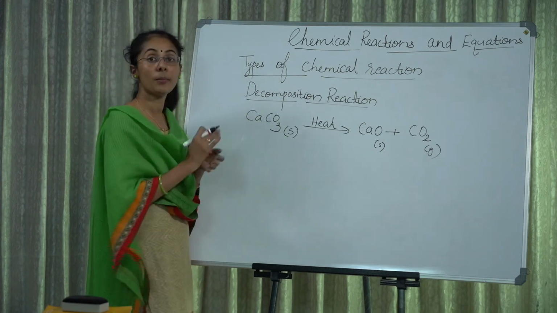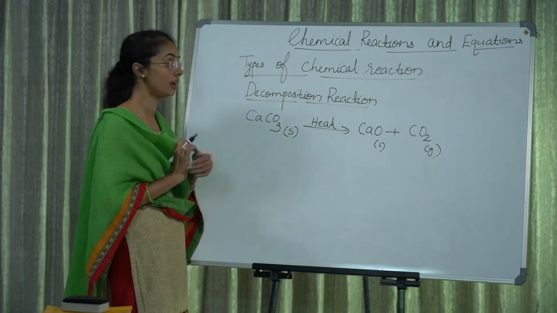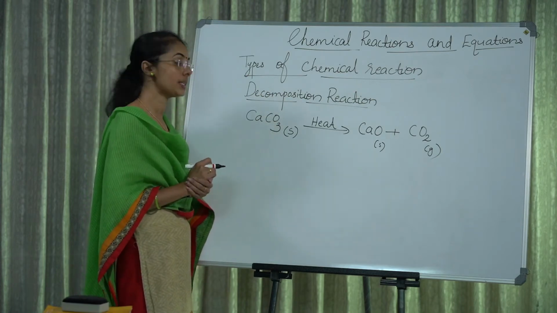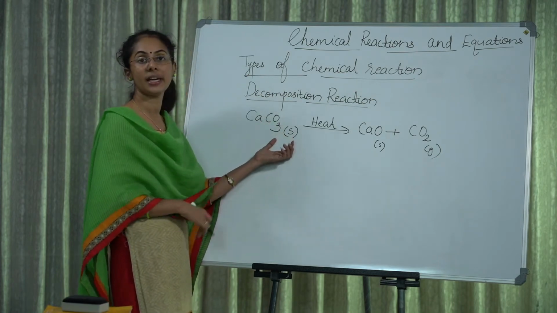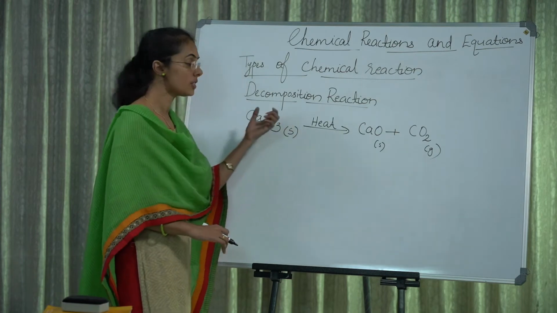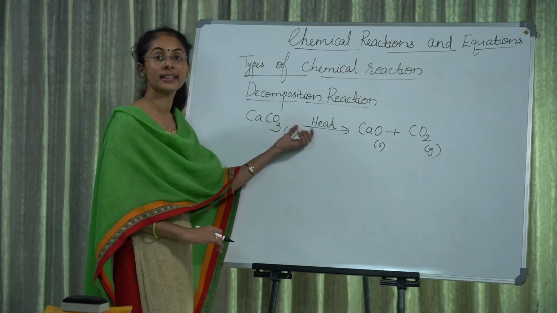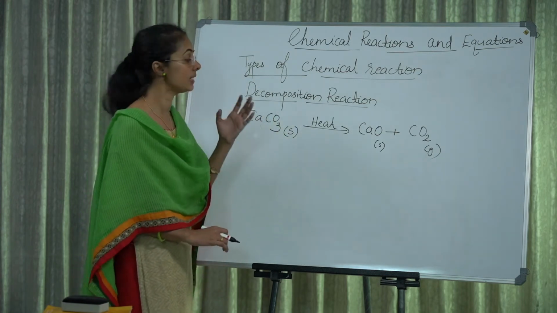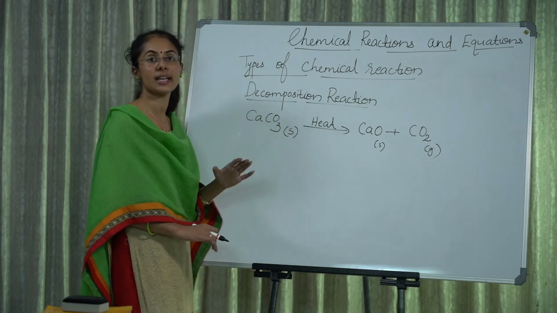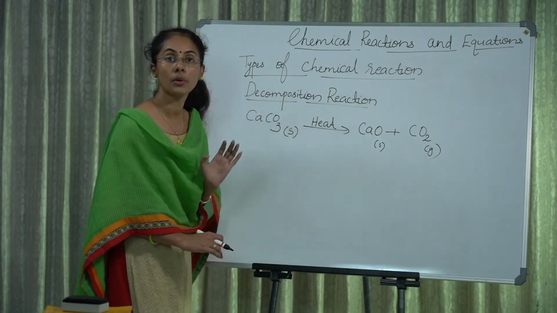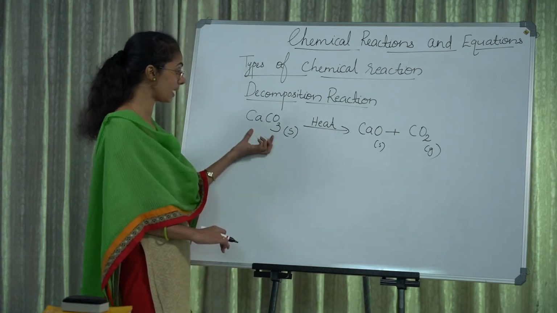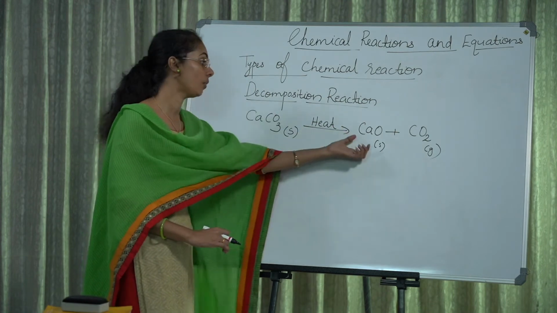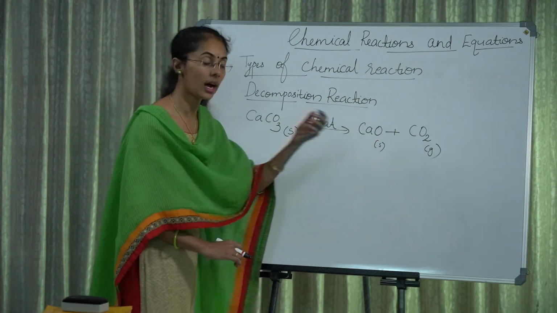And what type of decomposition reaction is this one? This reaction is carried out in the presence of heat, so this one is also a thermal decomposition. This is another example of a thermal decomposition reaction. Calcium carbonate on heating forms calcium oxide and carbon dioxide.